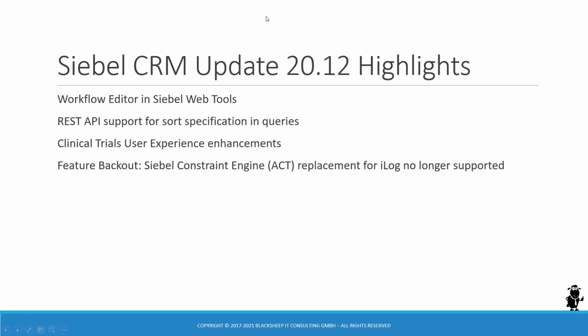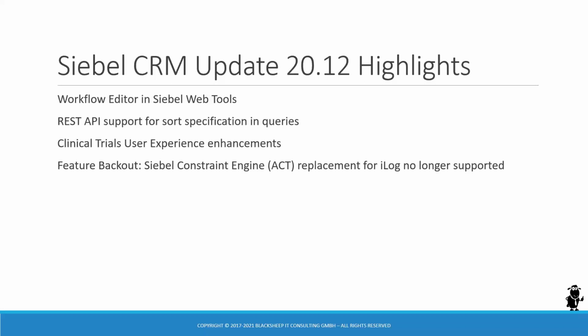So let's look into 20.12. The highlights are that the workflow editor is again in the browser. I like to say again here because some of us are old enough to have lived through the waves of moving the workflow editor to a browser and back to Siebel Tools, and then to the browser again just last month.